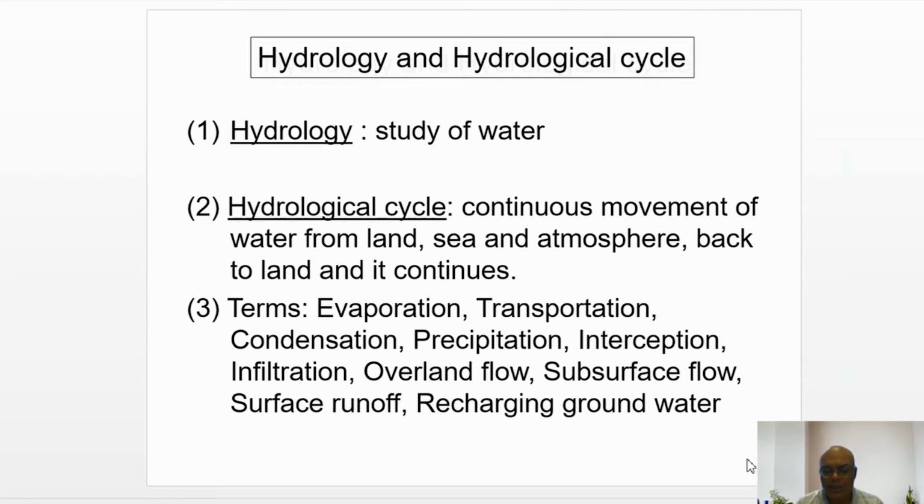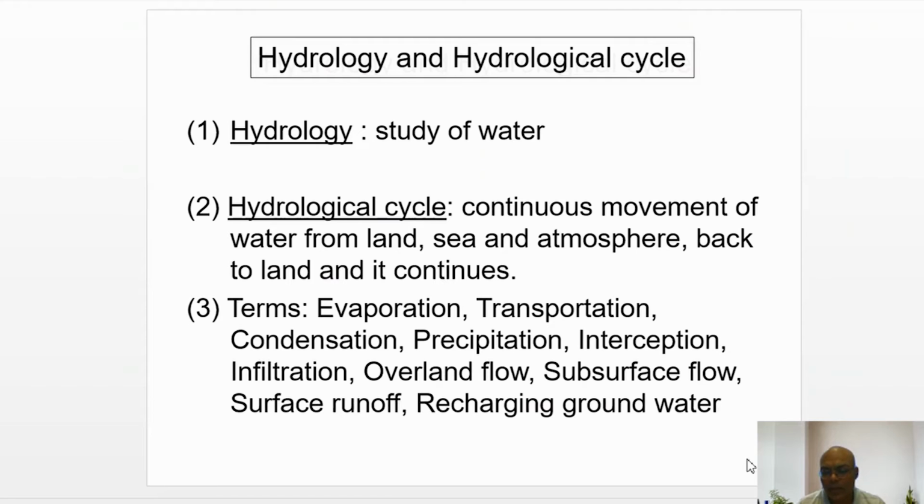terms. So evaporation. Evaporation is water converted to water vapor, that is nothing but the gaseous state, and it is lifted by convection. So this evaporated water rises, and this vapor rises and rises, and due to the temperature decrease, it condenses.